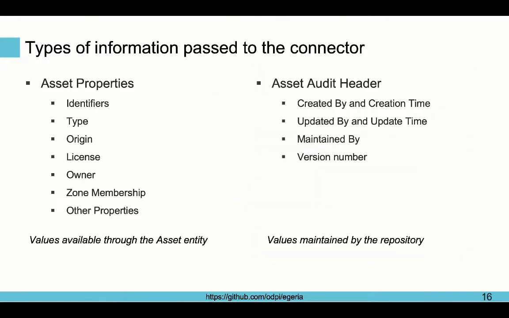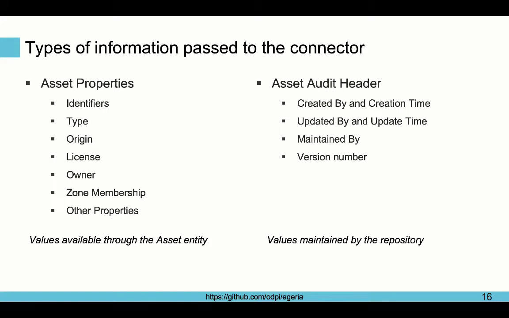The security connector plugin is working on the following types of data. So there's the standard asset properties that you would expect to see, such as its GUID, its identifier, the type of asset it is, where it came from, the license associated with it, the owner, the zone membership, and any other properties associated with the asset. So those are all available to the plugin to create a good assessment of the type of asset it is.